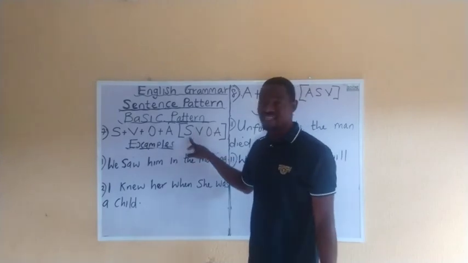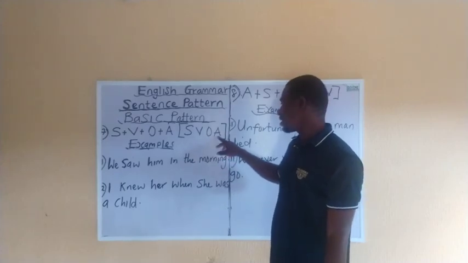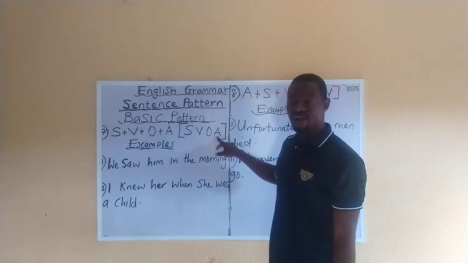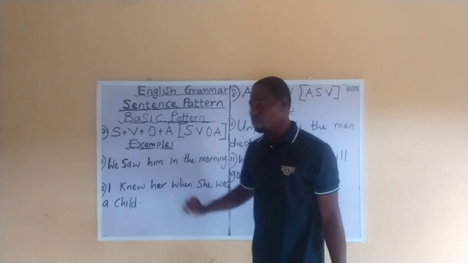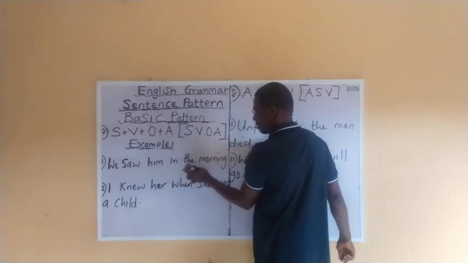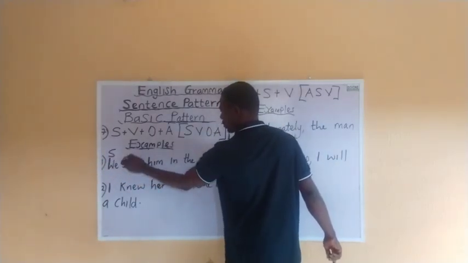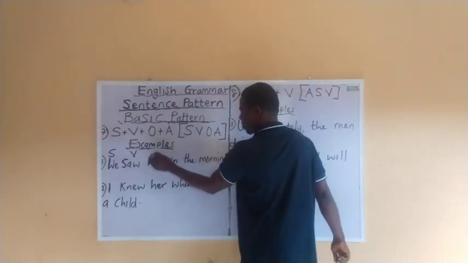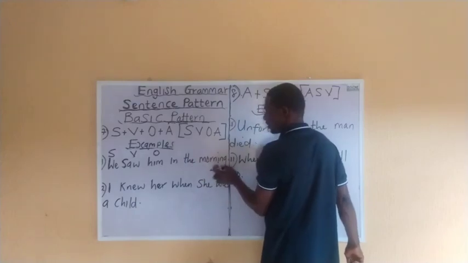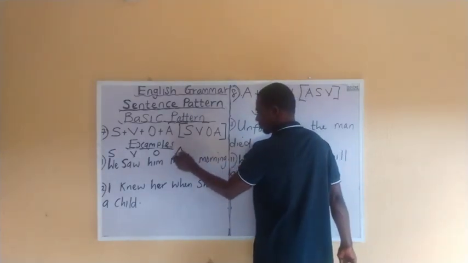Number 7 structure is SVOA: subject, verb, object, and adverb or adverbials. Let's look at examples. Number 1, we saw him in the morning. We is the subject, saw, verb, him, object, in the morning, adverbial, acting as adverb of time.